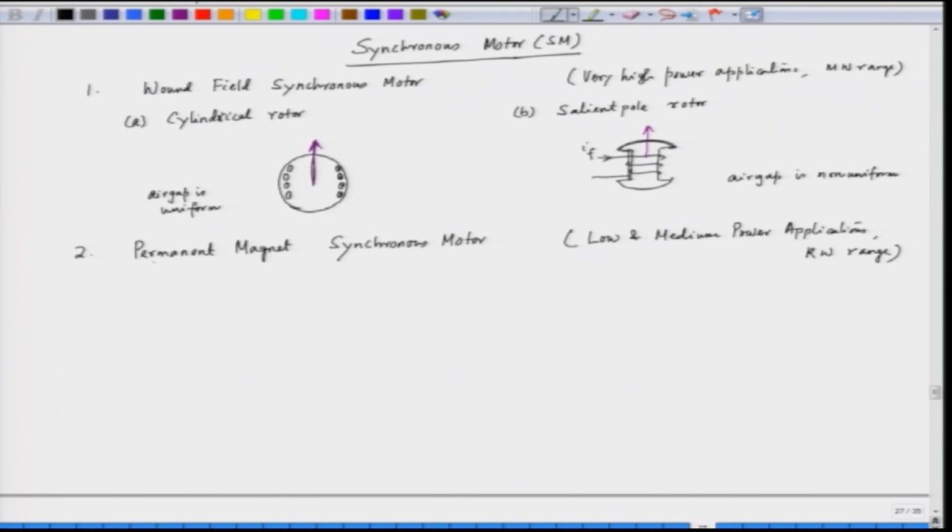If we see a permanent magnet synchronous motor, which is also called PMSM, this can be divided into two types.